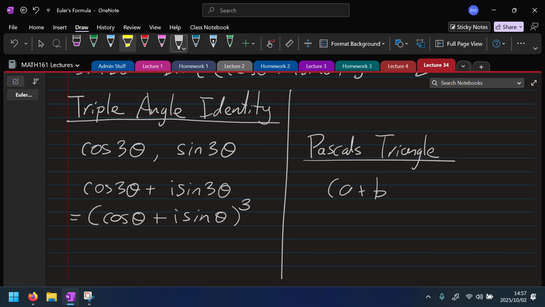So we have (a plus b) to the n, and we want to try and expand this out. If it was cubed, you expand it out, if it's squared, and so on. So how do we do that? This is equal to the sum, k goes from 0 to n, n choose k, a to the n minus k, b to the k. That's the binomial theorem.